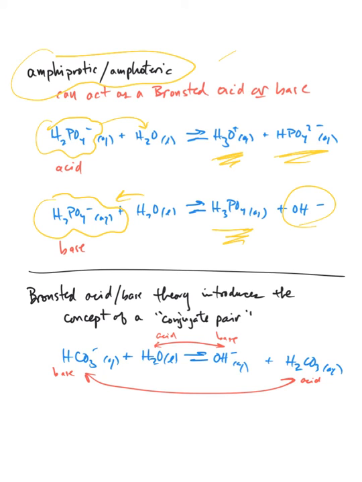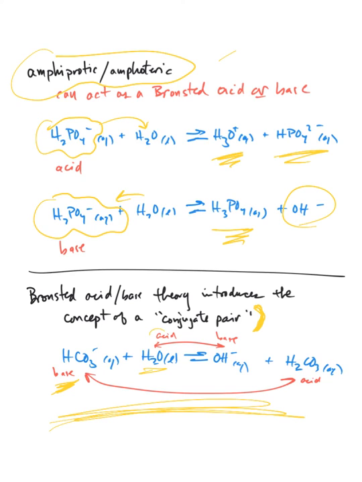Finally, this theory of describing these kinds of reactions introduces a concept called the conjugate acid-base pair. What I've done here is take one that I showed you earlier, the hydrogen carbonate ion, acting as a base. A base does not give up a proton; it accepts a proton from water.